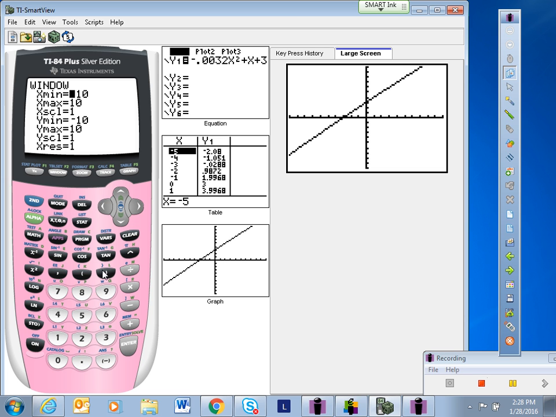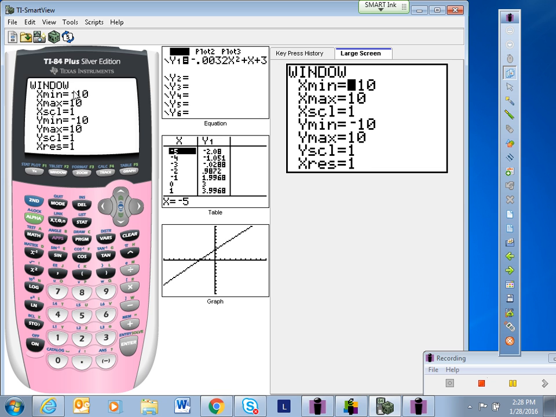Like 10? That's a lot. How about 20, 25? Let's go by 25. So here's what's going to happen. I'm going to do my x-min. I could start at 0. Don't need to start at 0. Don't have to. And I'm going to go out to 300, and then we're going to go by 25.